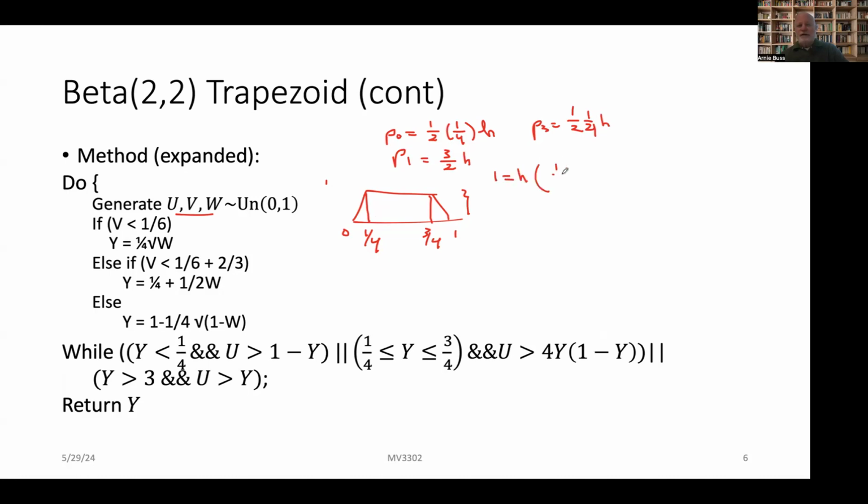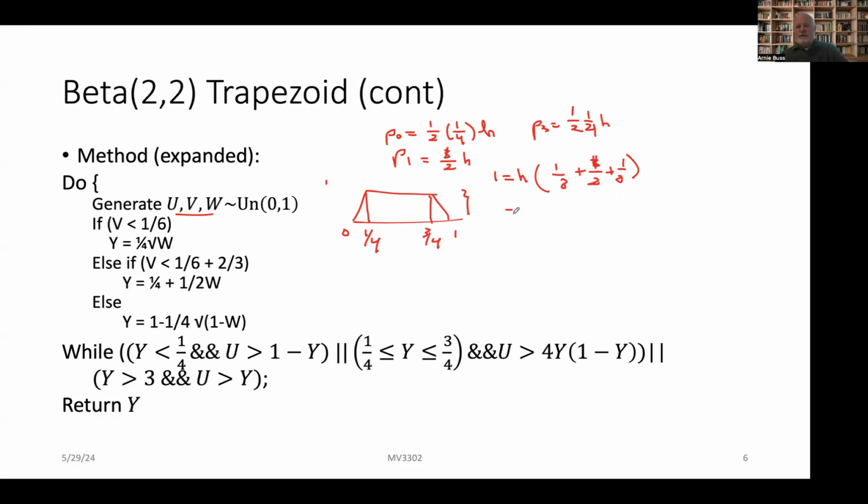We have 1/8 plus 3/2 plus 1/8. Yes, I'm sorry, 1/2, thank you. So 1/8 plus 1/8 would be 1/4.